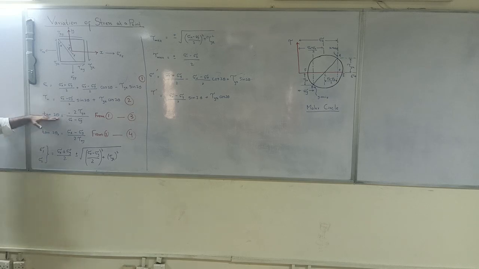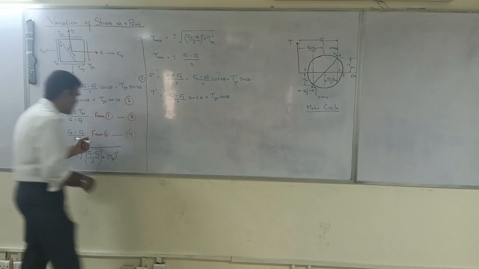So one is for theta, another one is for axial stress, the second one is for the shear stress. Once you find these two out, you can plug them back into these equations and you get this equation. You get this equation from putting this value of 2 theta into this one. So stress 1 is plus and stress 2 is minus.